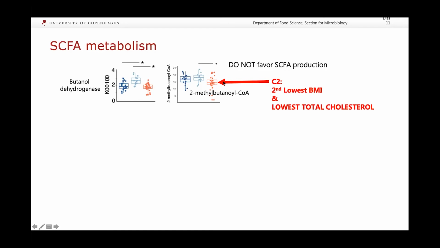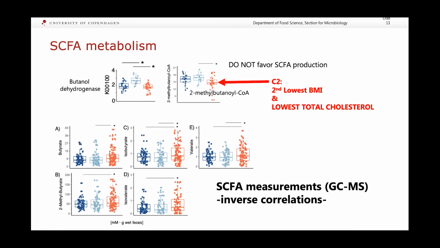So the group C2 contains a lower proportion of a lot of enzymes, like butanol dehydrogenase, for example. These are enzymes that do not favor the production of short-chain fatty acids, so we see an inverse correlation.